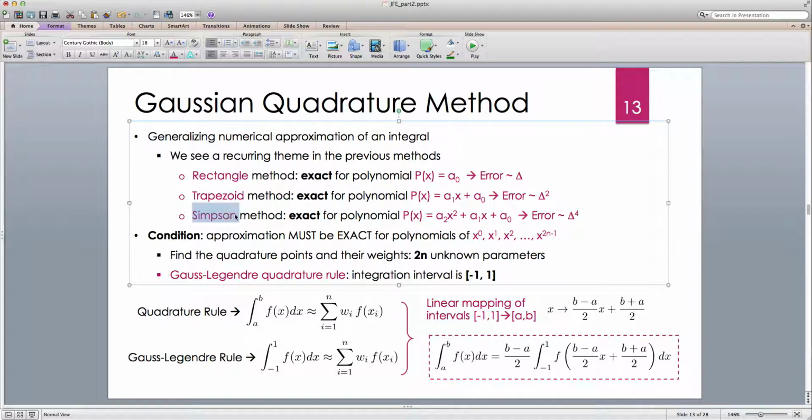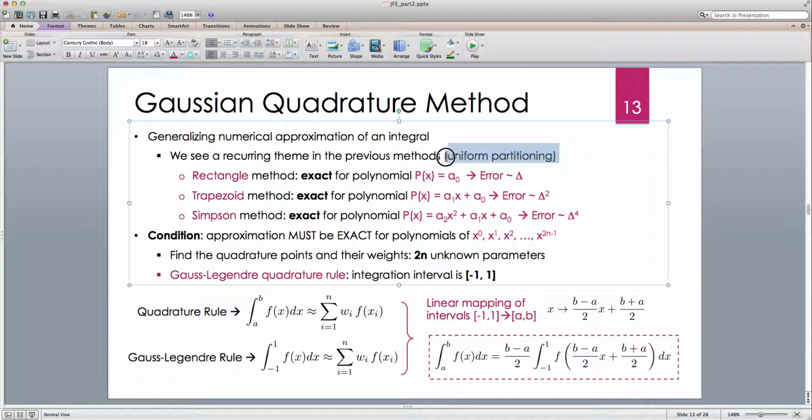And the Simpson idea was we wanted to have an exact result for second degree polynomials in each subinterval and of course in the entire interval, and the error improved to delta 4, all right? And then Newton-Cotes was, okay, I can generalize all these ideas for uniform partitioning. Remember, those were for uniform partitioning so far.